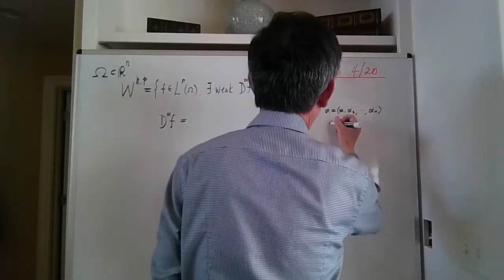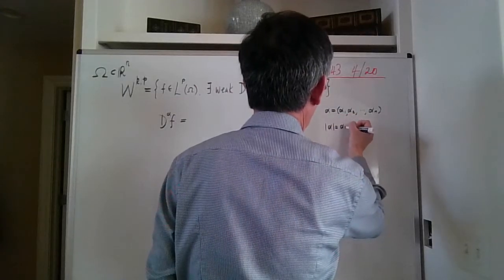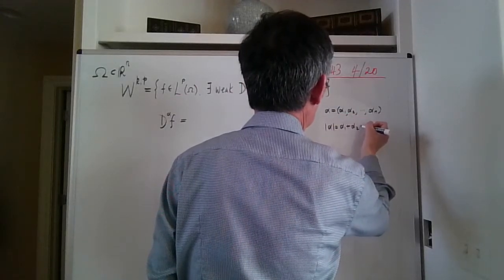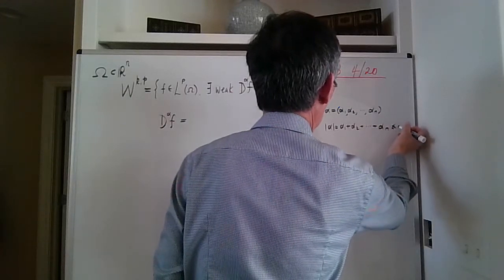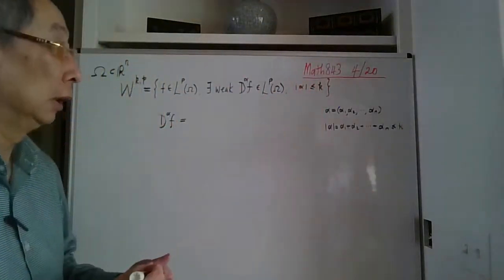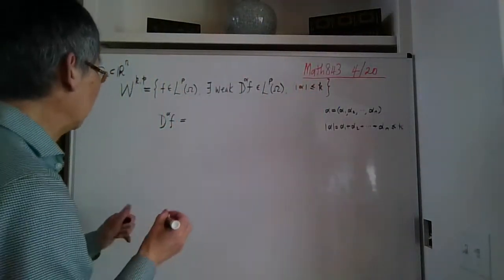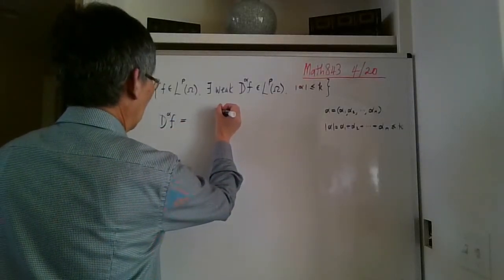And the norm of alpha, which is the summation alpha_1 plus alpha_2 up to alpha_n, has to be less than or equal to k, because the maximum order of derivative is k.